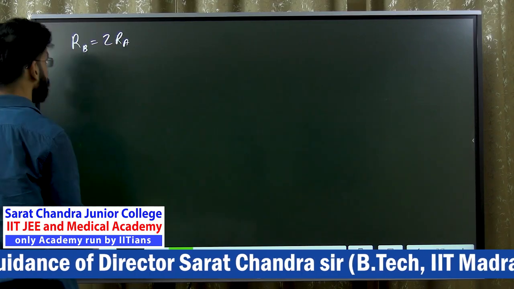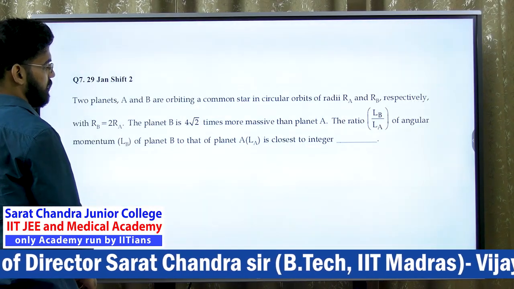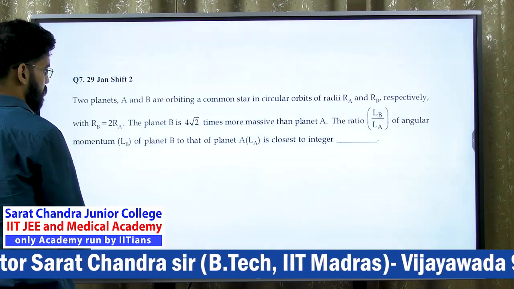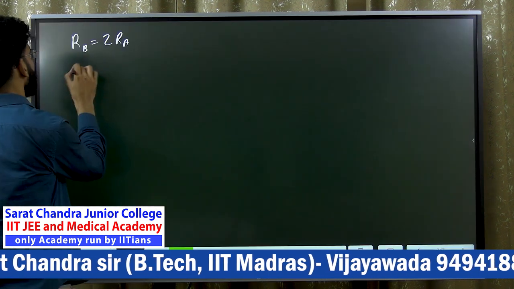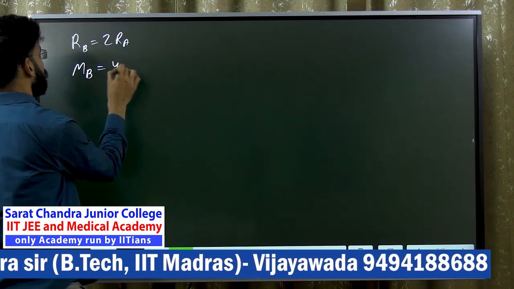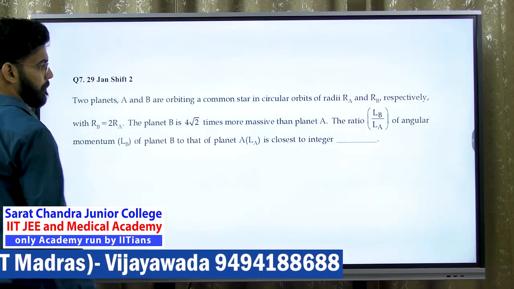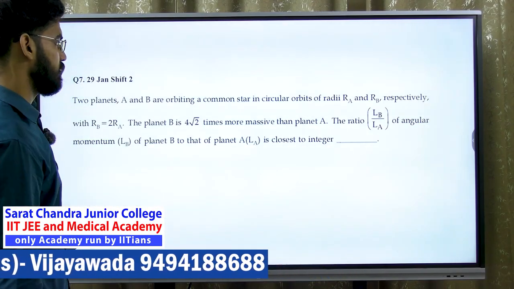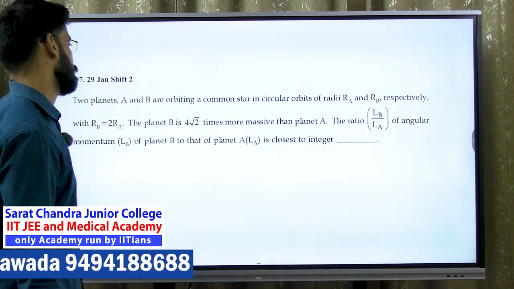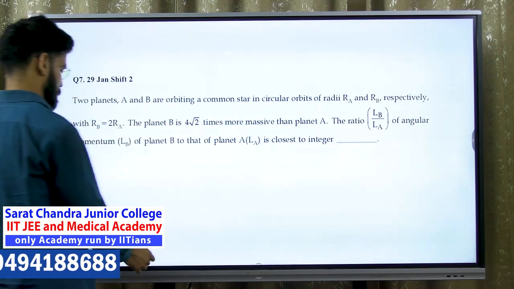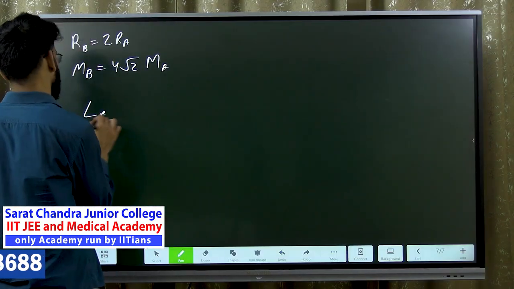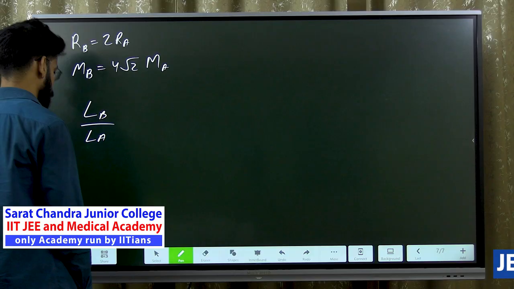This relation is given. Okay. And then he said MB is 4 root 2 times of MA. Okay. The ratio of angular momentum. He's asking LB by LA. Okay.